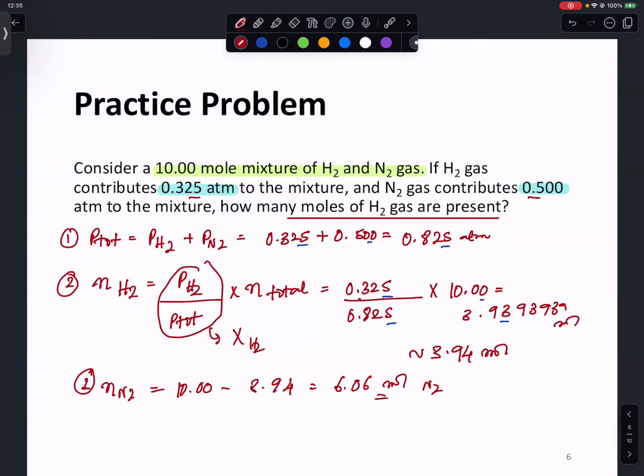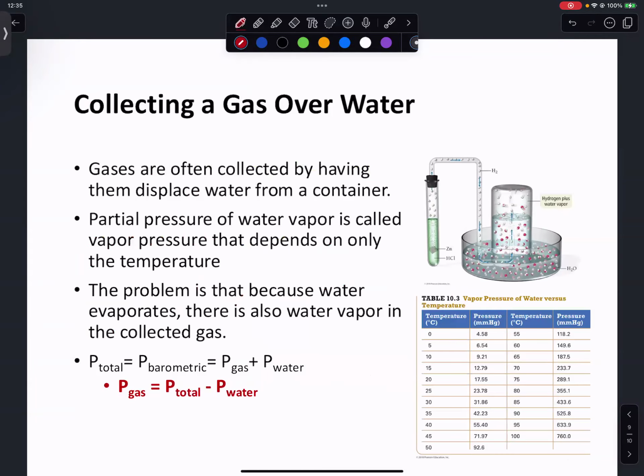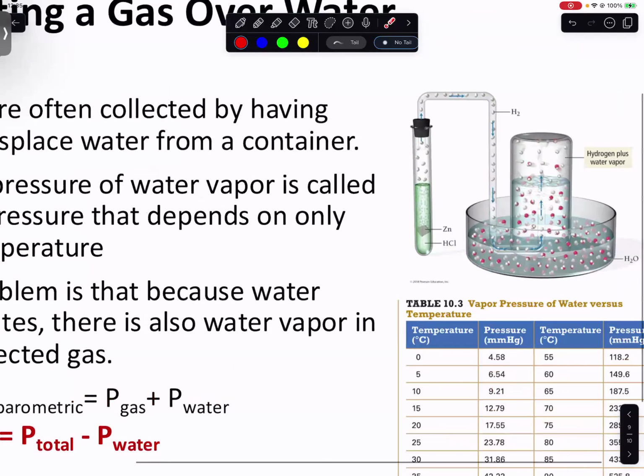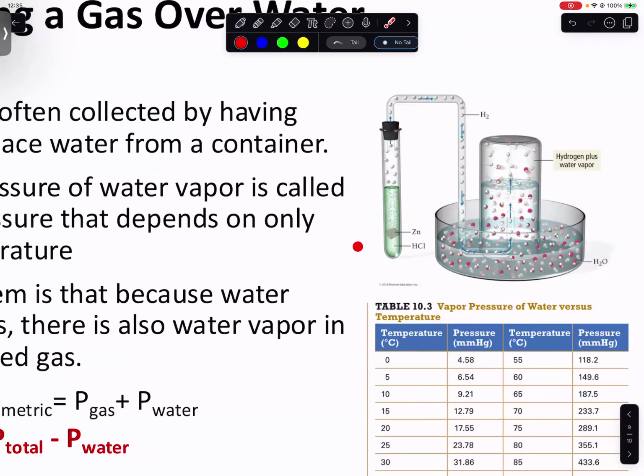The last part that I want to discuss over here is collecting gas over water. You might or might not have done this experiment in lab. In case you did not, some gases are collected over water. Let me zoom here. You have a reaction between zinc and hydrochloric acid, and we can write the equation for it up here.